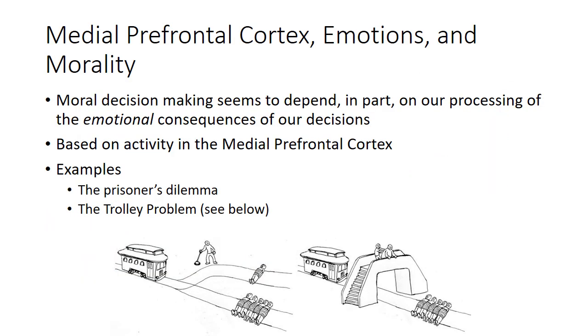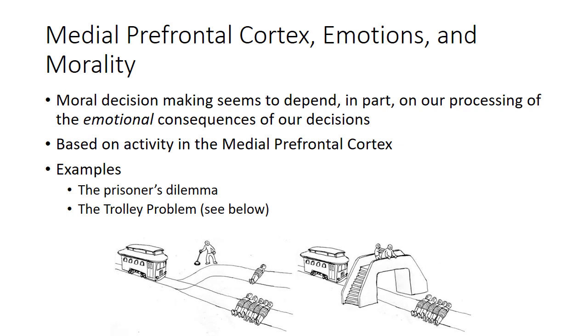The medial prefrontal cortex also gets involved in moral decision making. And just briefly, if you're in my class, you can play with the trolley problem online in supplemental materials. There's a number of moral decision-making tasks that have complex or difficult decisions that people need to make.